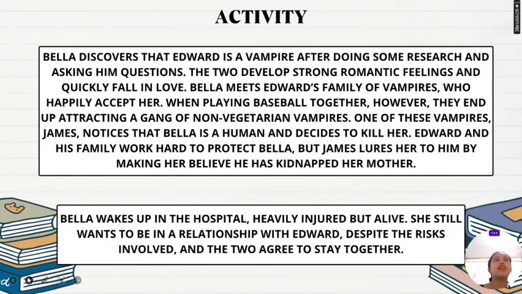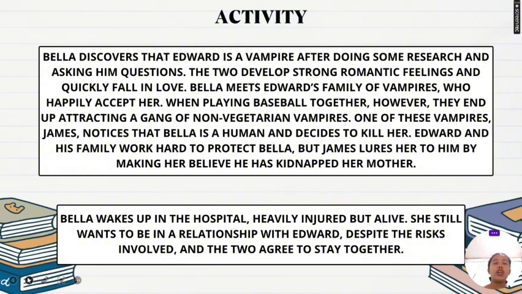So let's all read. Bella discovers that Edward is a vampire after doing some research and asking him questions. The two develop strong romantic feelings and quickly fall in love. Bella meets Edward's family of vampires, who happily accept her when playing baseball together. However, they end up attracting a gang of non-vegetarian vampires. One of these vampires, James, notices that Bella is a human and decides to kill her.